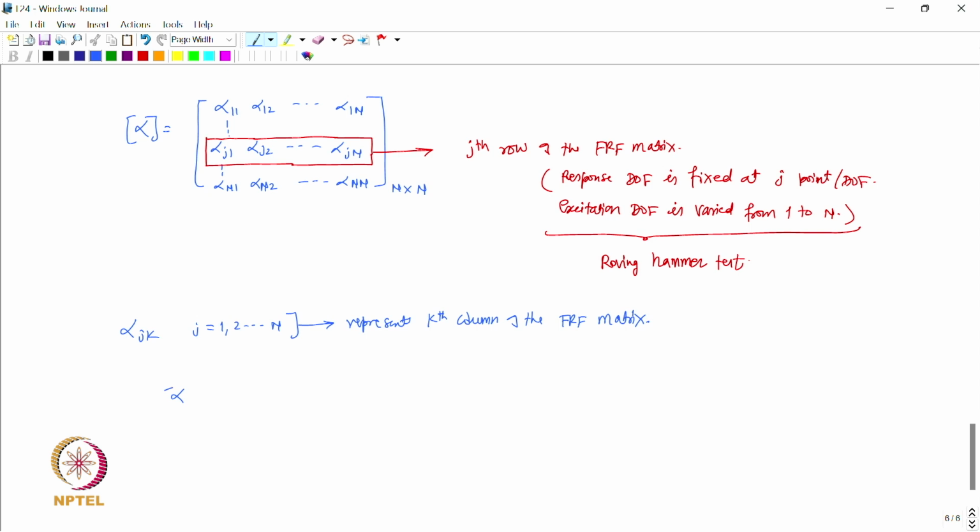If we show the FRF matrix here: alpha 1 1, alpha 1 2 up to alpha 1 n, and also alpha 1 k, then alpha 2 1, alpha 2 2, alpha 2 k, alpha 2 n, going up to alpha n 1, alpha n 2, alpha n k, going up to alpha n n. So when we measure these, essentially this is the kth column.